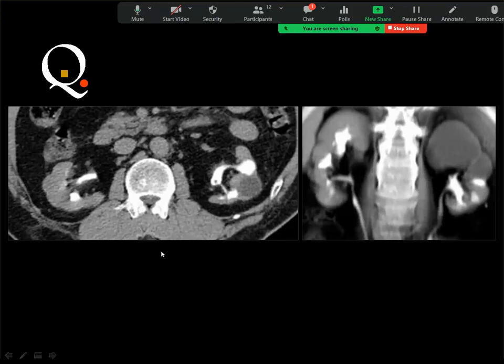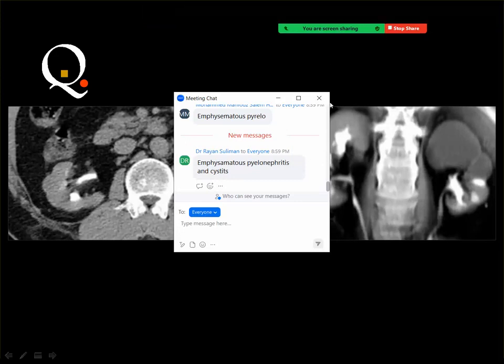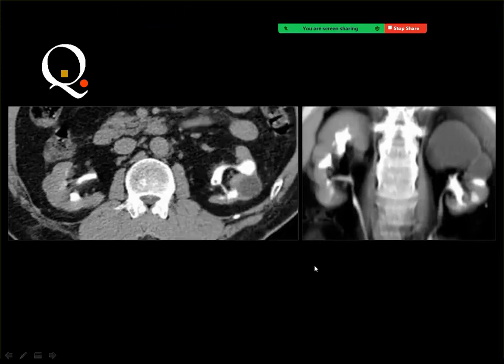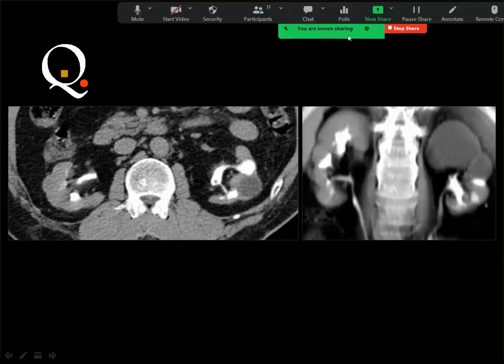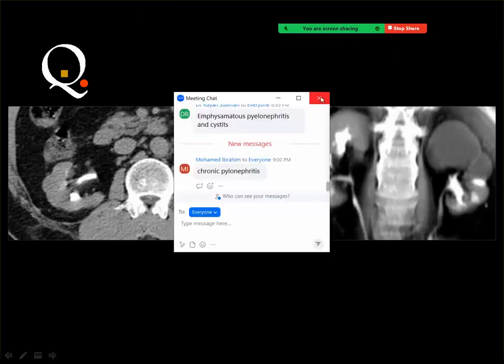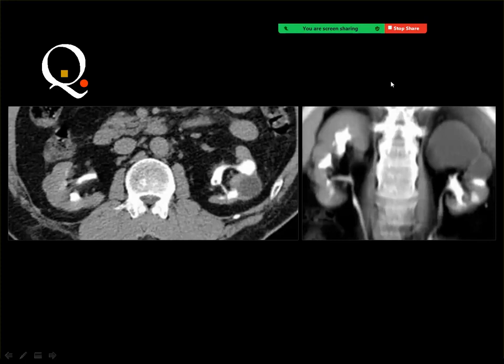Next case is a CT scan, axial and coronal reformatted images of the kidneys. Yes, the answer is right.